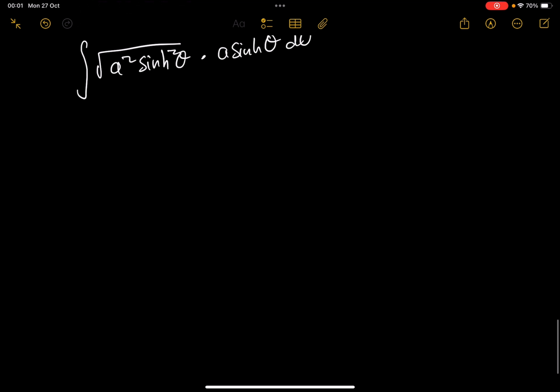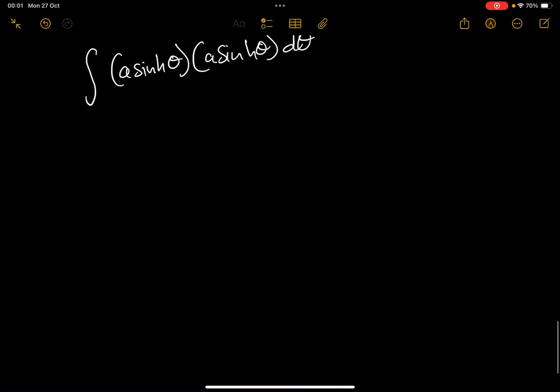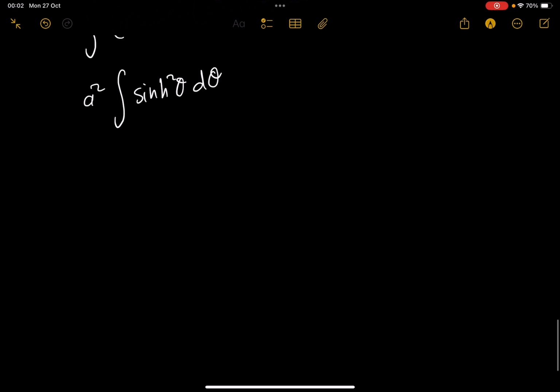If you evaluate the square root, we are going to have a sin theta times a sin theta d theta, right? So this is going to be a squared, the integral of sin squared theta d theta.